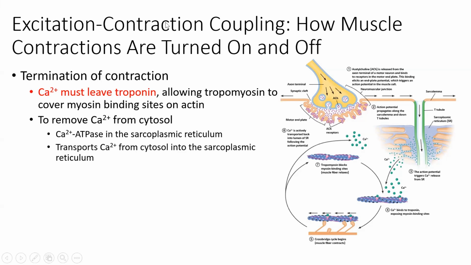So there are active calcium ATPase pumps on the sarcoplasmic reticulum that are pumping this calcium back into the SR, and that is what is ceasing muscle contraction as actin goes back into its relaxed state, where those tropomyosin filaments are going to cover up the myosin binding sites once again.